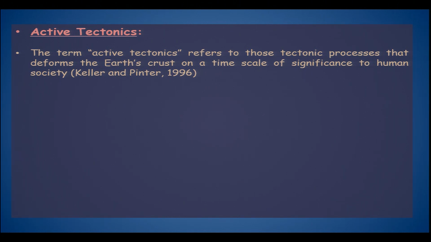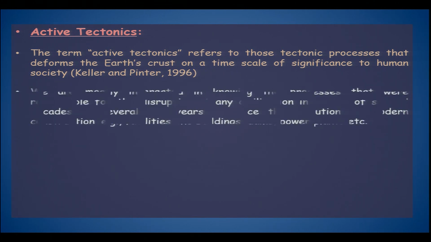So what this indicates is that, talking about paleoseismology and all that, we are interested in understanding the tectonic processes on a time scale which is significant to human society.